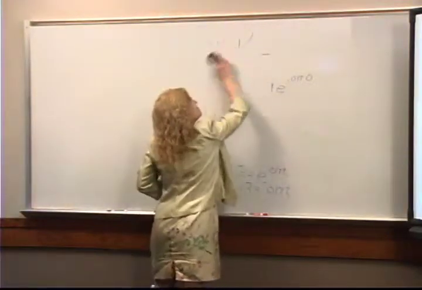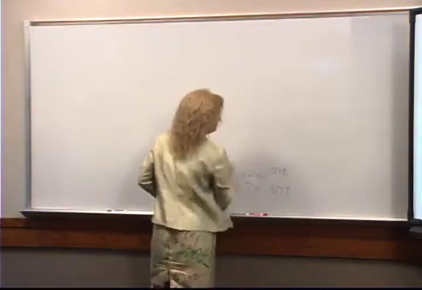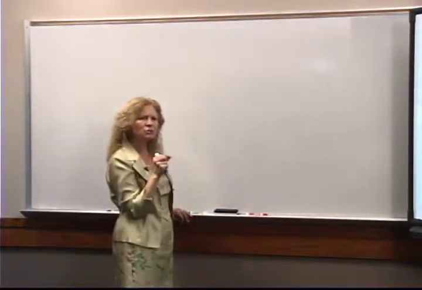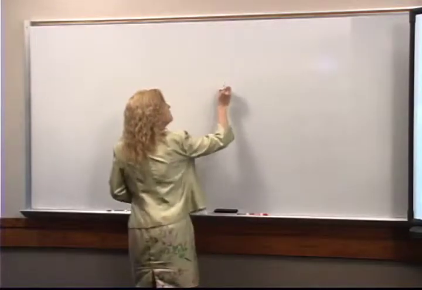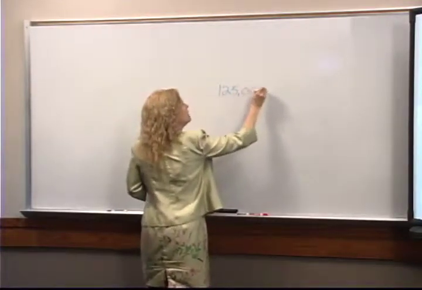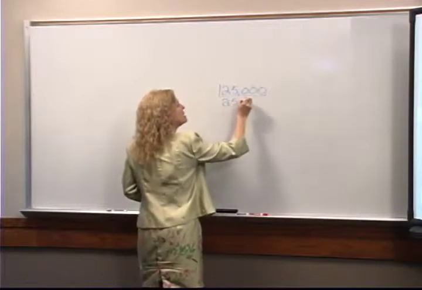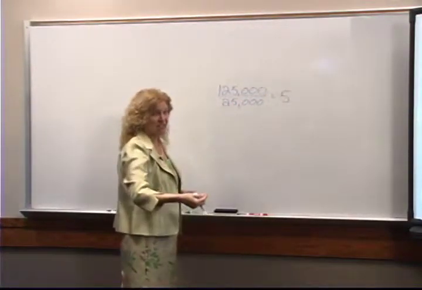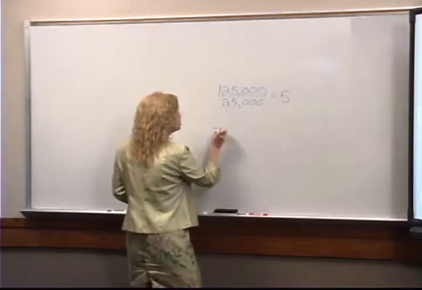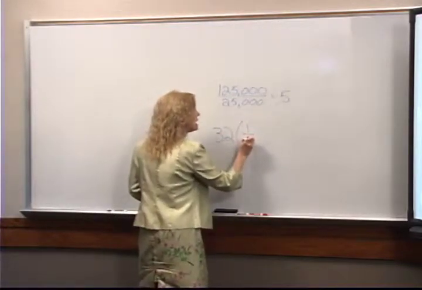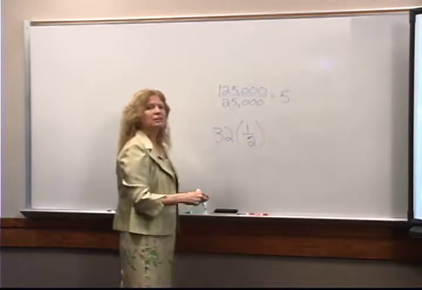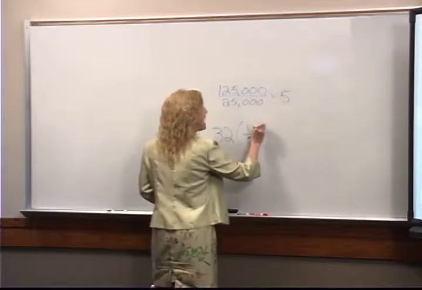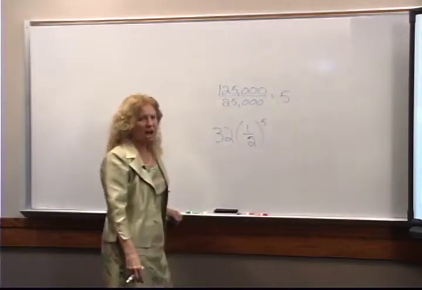But what I kind of like to do is to think, okay, 125,000 divided by 25,000, I'm going through 5 half-lives. So I'm starting out with 32, and I'm going to multiply it by a half times a half times a half. Oh, I'm going to multiply times a half 5 times.